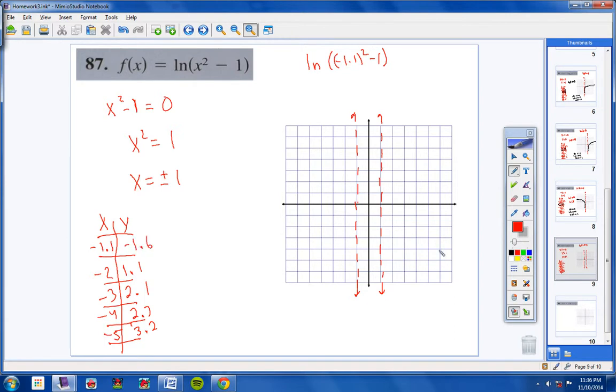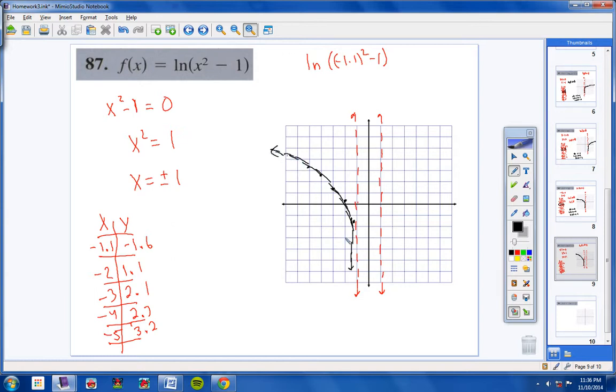So here we go. Negative 1.1, negative 1.6. Negative 2 would be 1.1, negative 3, 2.1, negative 4, 2.7, and negative 5, 3.2. Okay, so a little slow curve going on there. And we're not done yet.